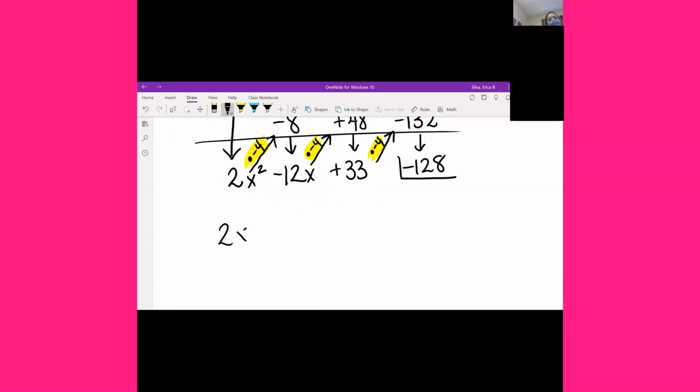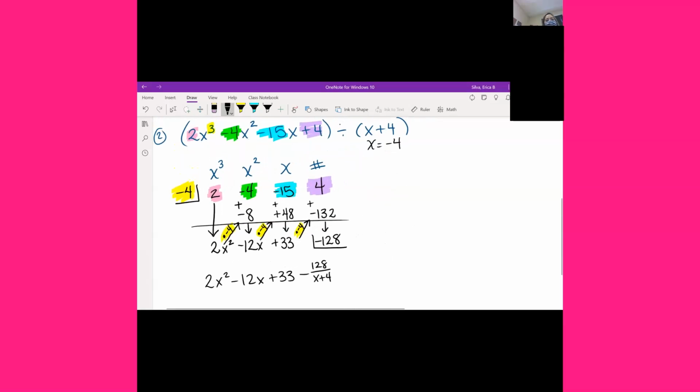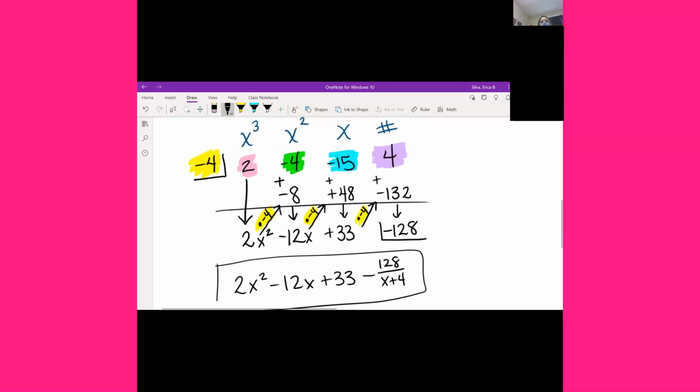So we've got 2x squared minus 12x plus 33 minus 128 over x plus 4. And boom, there it is. Any questions on that one?